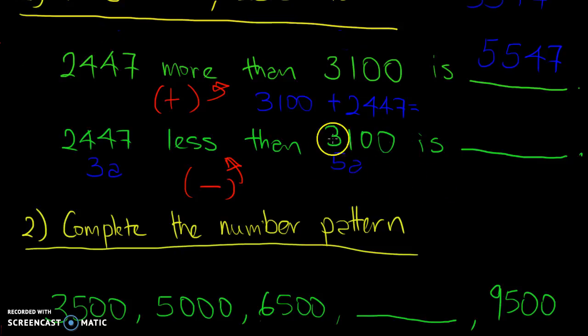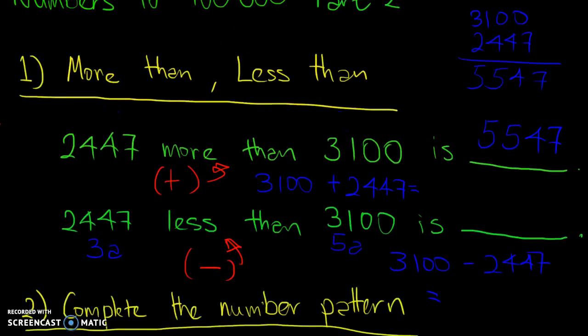So what I can do is 3100 minus 2447. I have not enough space, let me make some space.